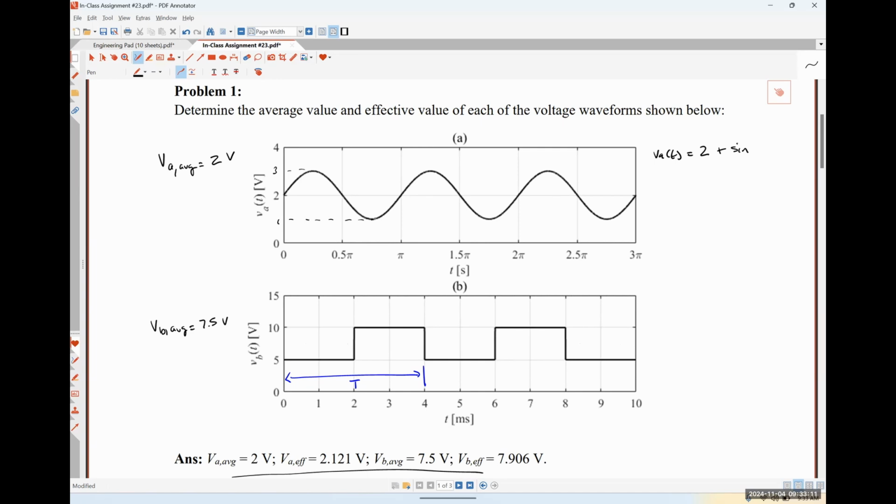And the period is pi, so T is equal to 2 pi over omega, which means that omega is equal to 2 pi over T. So 2 pi over pi, so sine 2t volts. Are we okay with that? I don't believe I've used any kind of new relationship or anything.